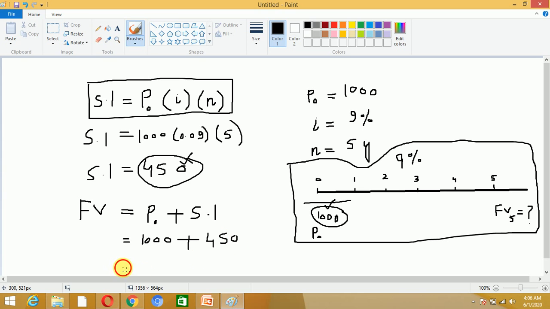So how much money will you receive? 1450. It means at the end of 5 years, the future value at the end of 5 years, you will receive 1450. I think it will be clear.